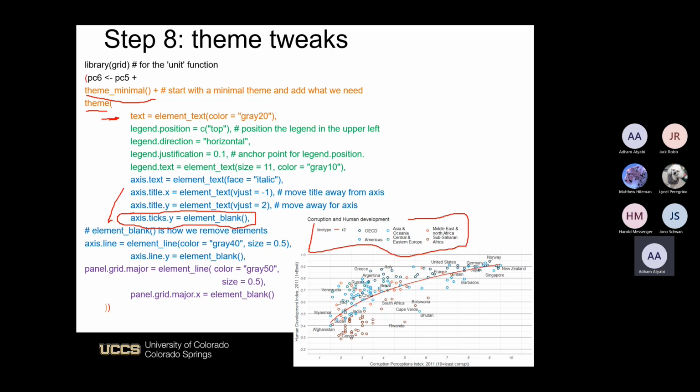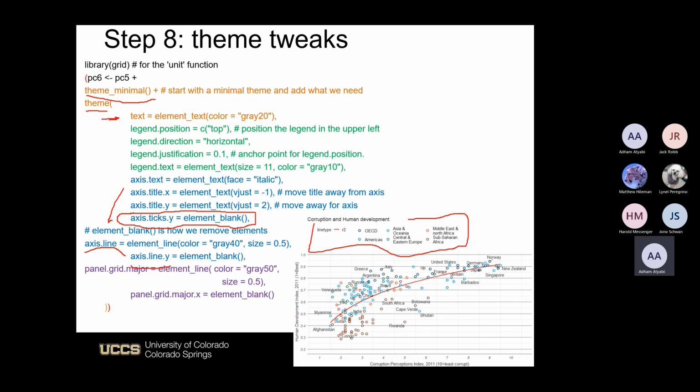Then after this, we are setting the axis line to element line with the color of gray 20 and size of 0.5, and axis line Y we are resetting with element blank.